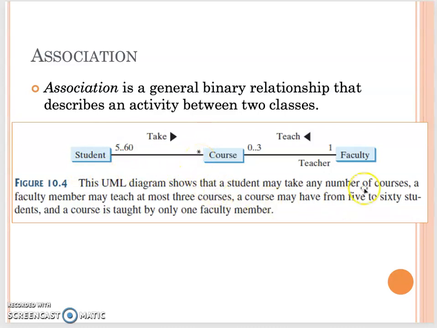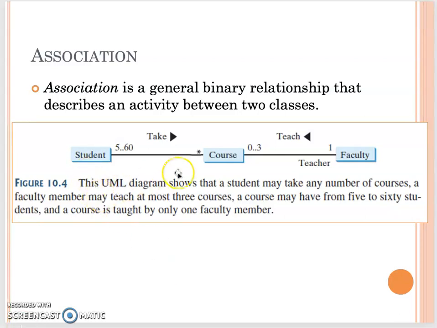On the other hand, you can see the same thing for faculty teaching a course. One faculty teaches a course, and a faculty can teach 0 to at most 3 courses. So that's the UML diagram demonstrating the association.